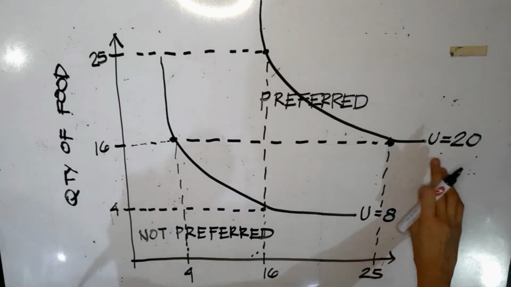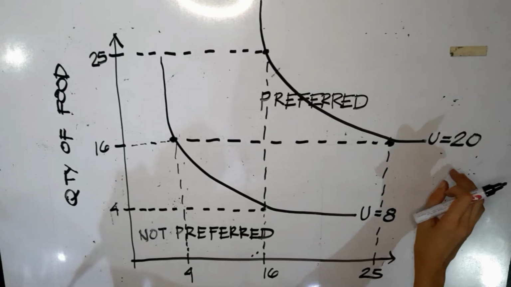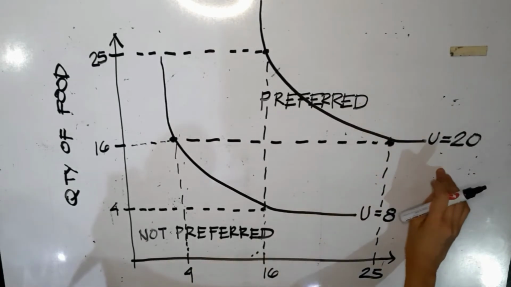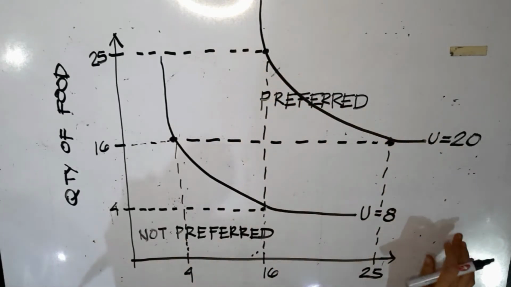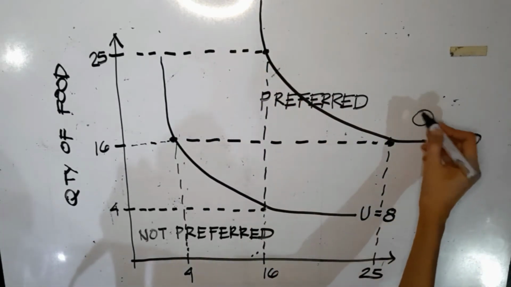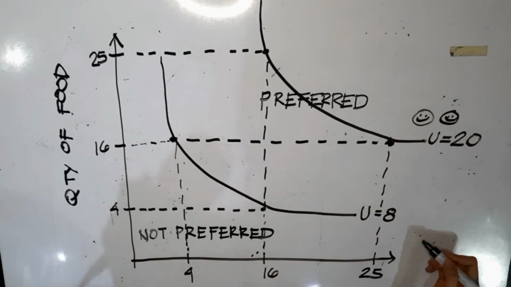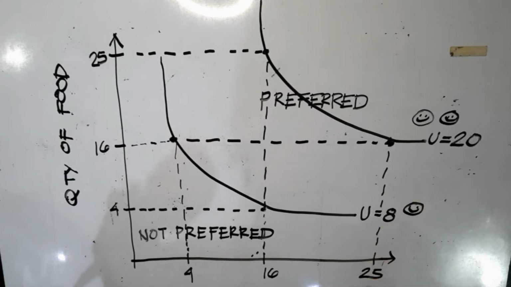Since it would give you a utility of 20, you'd be much more satisfied, much happier with these choices, as opposed to just a utility of 8. So, just one smiley. Okay?